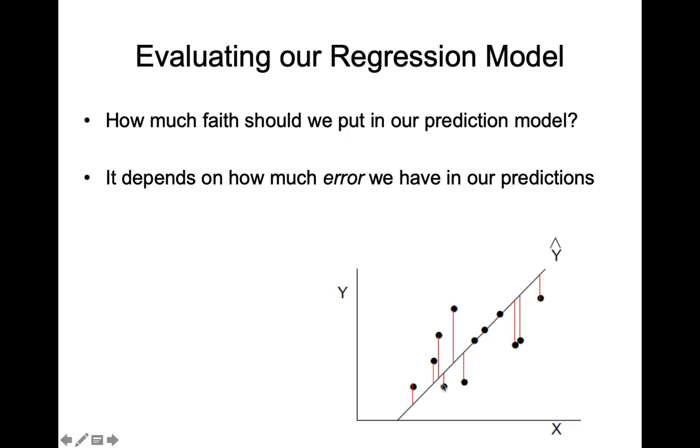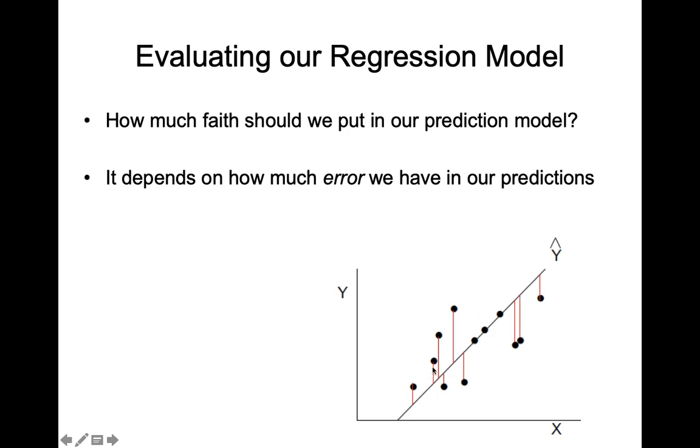Okay, and so with that in mind, in some cases it's going to do a very good job, and in other cases it's not. How good of a job that straight line does will depend on the extent to which those dots fall in a straight line pattern to begin with.